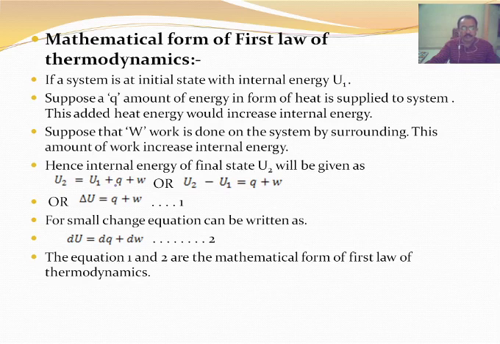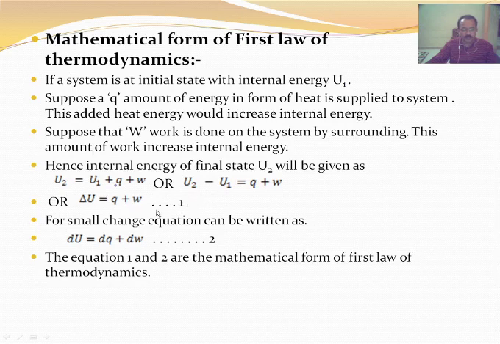The internal energy of the final state U2 will be given as U2 is equal to U1 plus Q plus W. Rearrange it: U2 minus U1 is equal to Q plus W. Now, final minus initial is the change in internal energy. It is given by delta U. Delta U is equal to Q plus W. This is equation number 1.